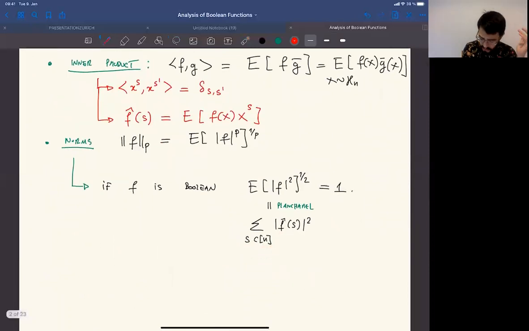So this is nice, because the sum of the squares is always 1, so you can interpret a Boolean function as a distribution over a certain graph. Let me write this here.